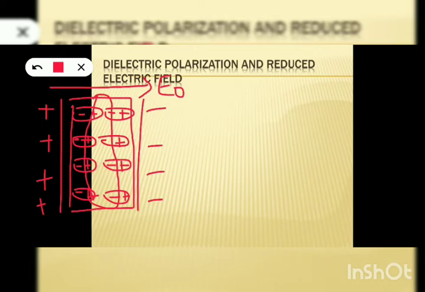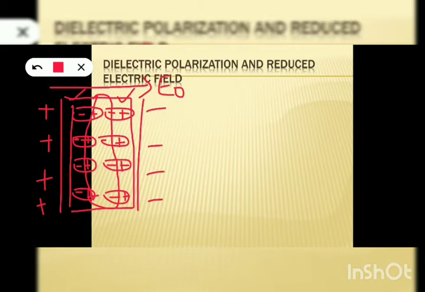Here we just consider this pair of positive and negative charges. These are two equal and opposite charges. They cancel each other. Then we have a set of negative charges here and a set of positive charges on this end of the dielectric. So when a dielectric is introduced in between the plates in the presence of an external field, what happens?